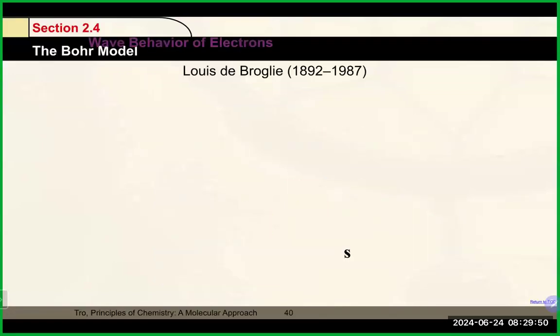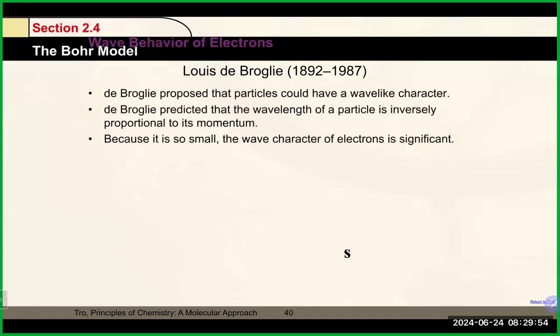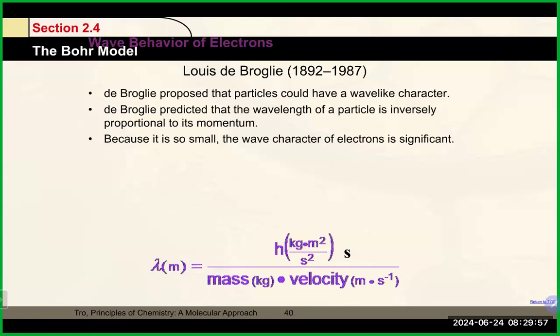All right. So we've been talking about this idea of Bohr's model of the atom, and as we talked about, it does work really well for hydrogen, which has one electron. But when we move off of one electron and have a lot more electrons, it really didn't hold up.